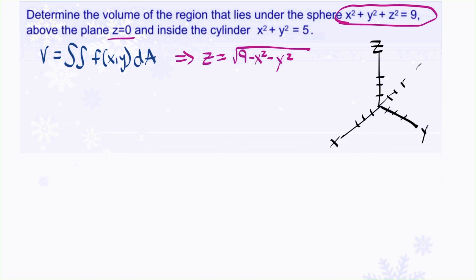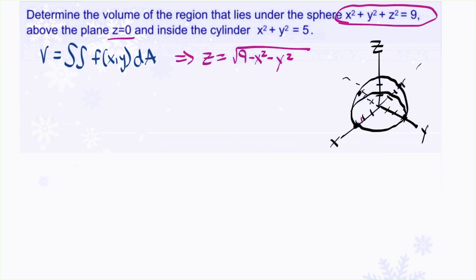I'm going to do some negative x, negative y, and then... I don't know what I'm doing here. Yay. Okay. That's not terrible. But then we're going to have to throw a cylinder inside of a sphere, and the cylinder has radius square root 5.